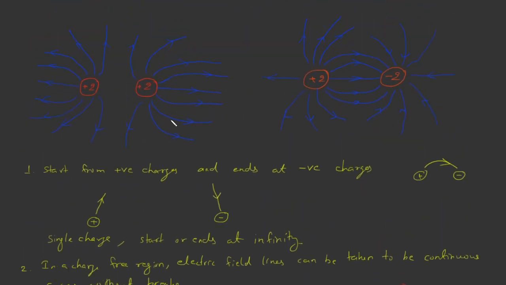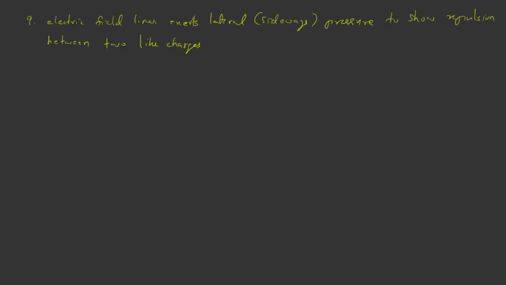Look at this case, these are two like charges. They are repelling each other. That is, they are showing lateral pressure. So this lateral pressure in the electric field lines shows they are repelling. For unlike charges, you can see they contract lengthwise, and this shows the attraction between two unlike charges.